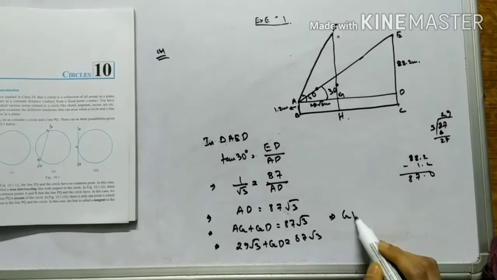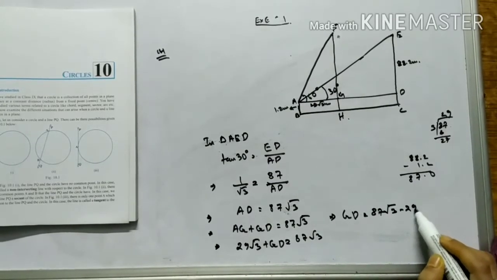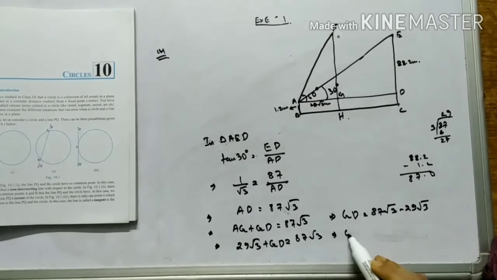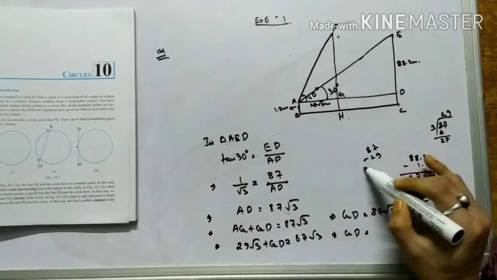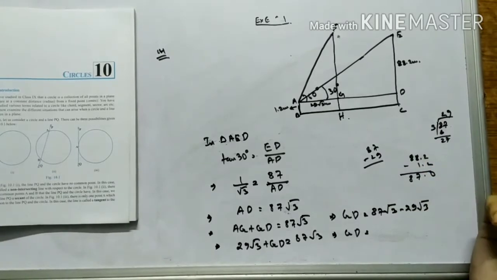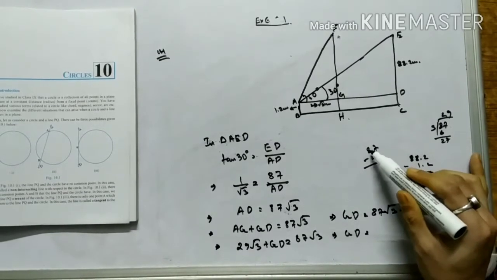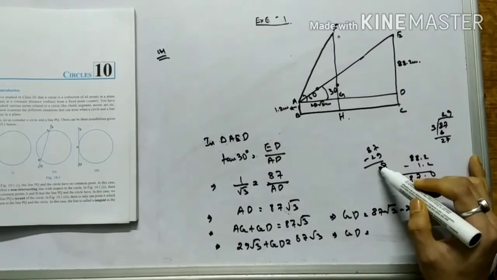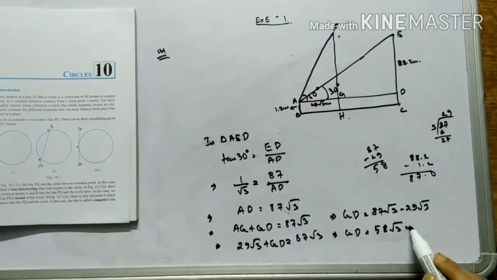So GD equals 87 root 3 minus 29 root 3. GD equals 87 minus 29, which is 58, root 3 meter.